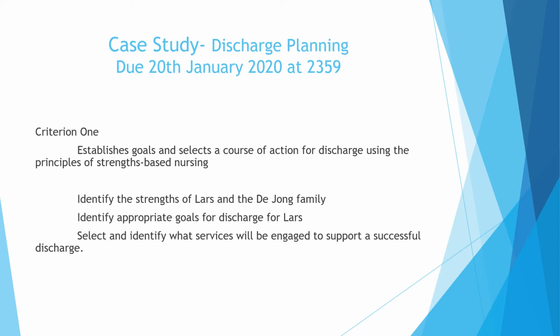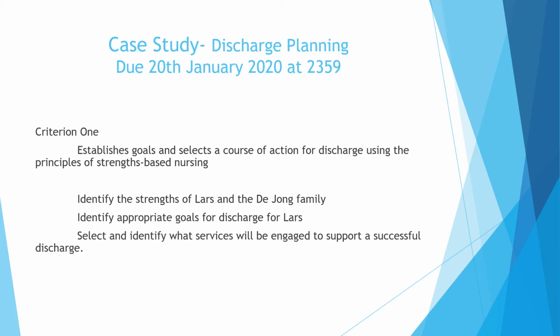When we start looking through the rubric, criteria 1 aims to establish goals and select a course of action for discharge using the principles of strength-based nursing. In this criteria, we're looking at how you're going to be working with Lars and the de Jong family to identify what they do really well and where they need support.